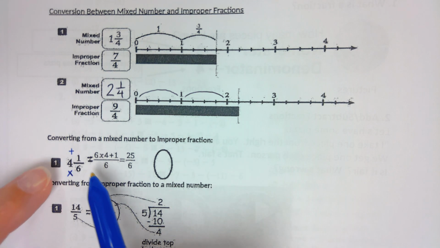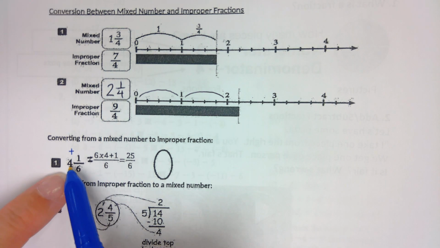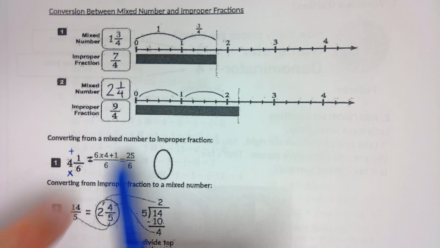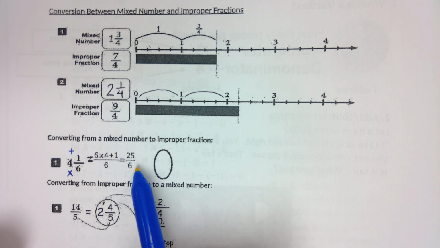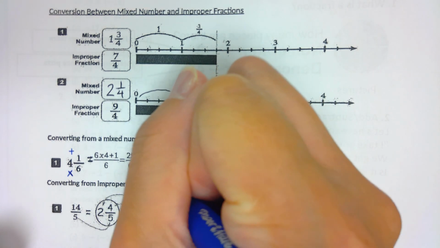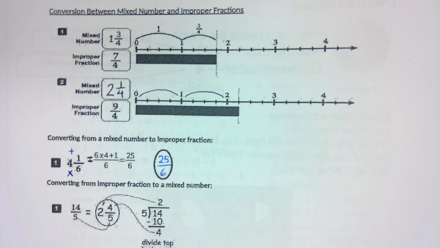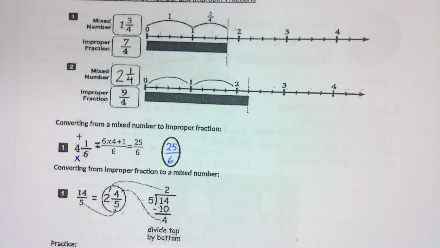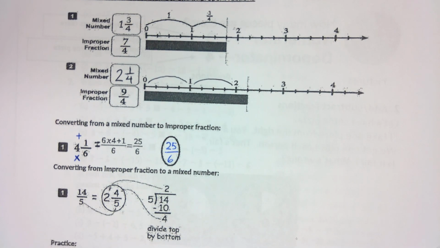Alright, so 6 times 4 is 24, plus 1 you get 25 over 6. Your denominator doesn't change. It stays as 6 because that pizza is cut into six slices.